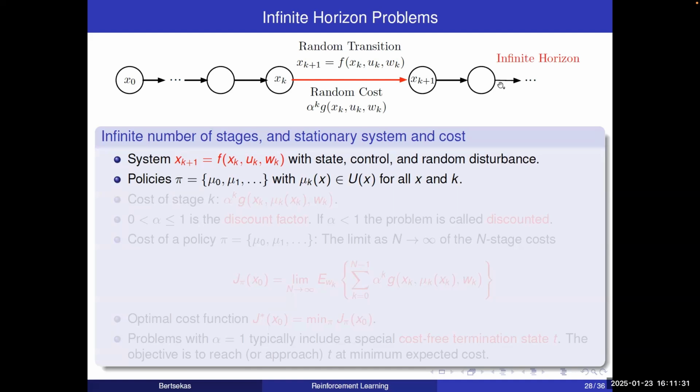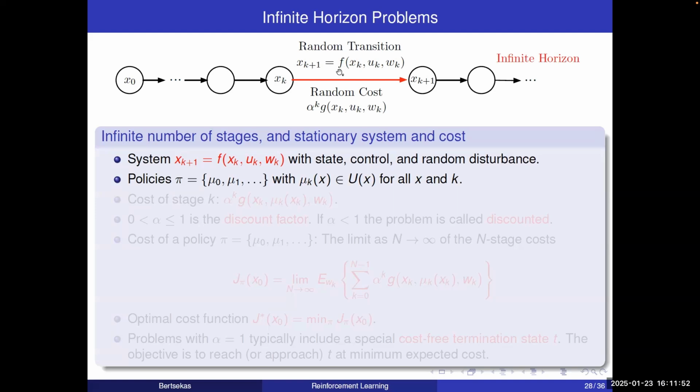The second difference is that typically the system that describes how the state evolves over time is stationary, by which I mean, compared with the finite horizon problem, you see here is no subscript k.